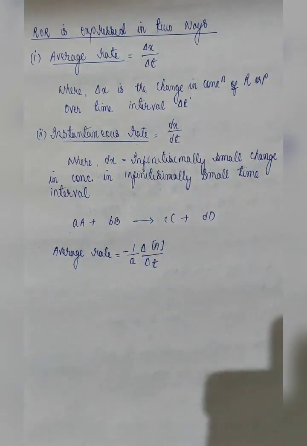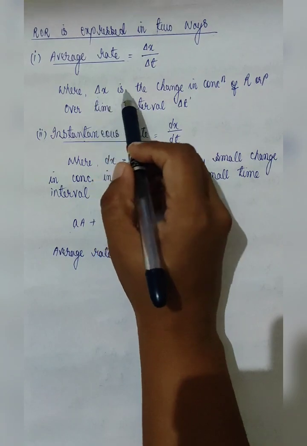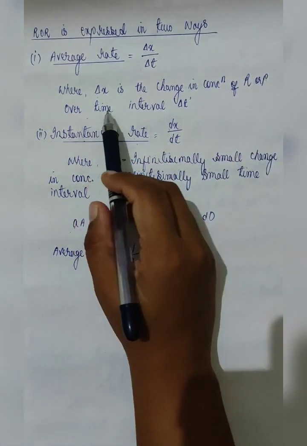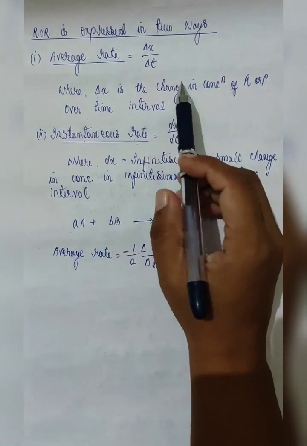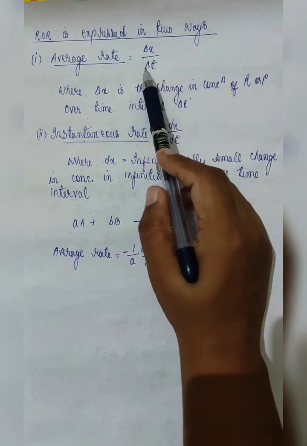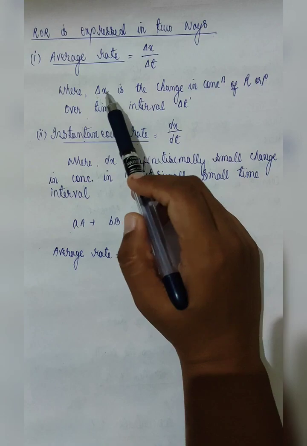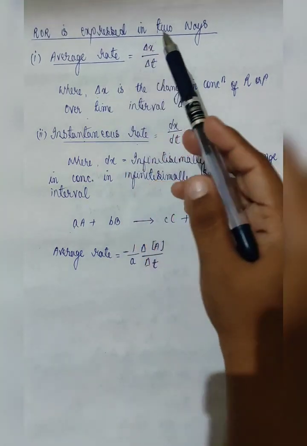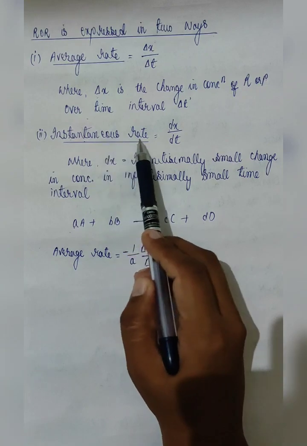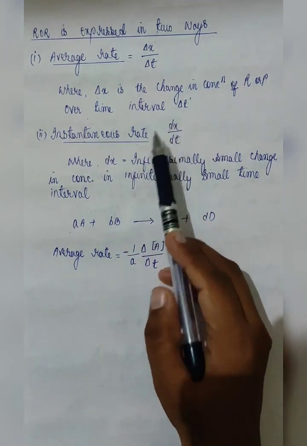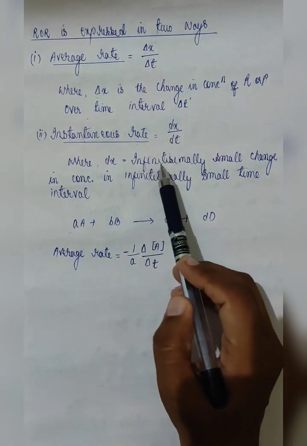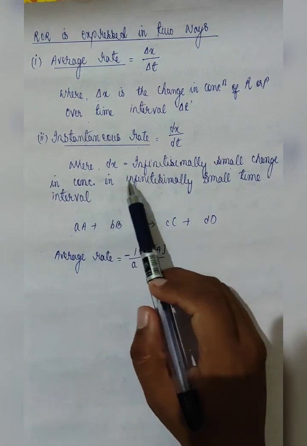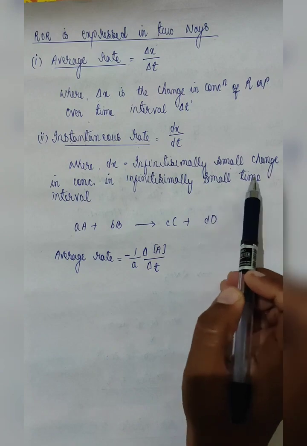In case of average rate, del x is the change in concentration of reactant or product over time interval del t. The time that we are taking is del t. Del x is just the change in the concentration of reactant or product with respect to time. And in the case of instantaneous rate, dx is infinitesimally small change in concentration in infinitesimally small time interval.